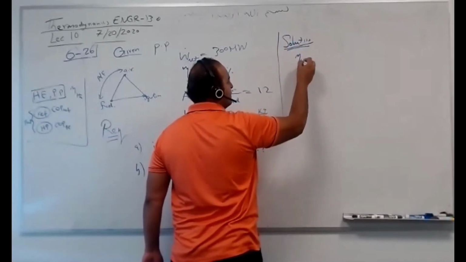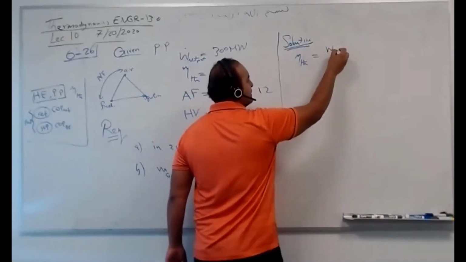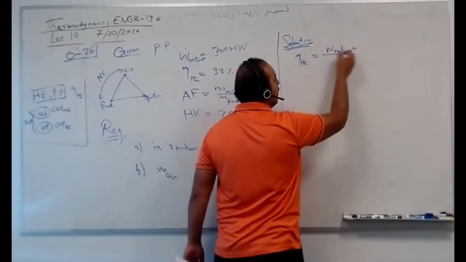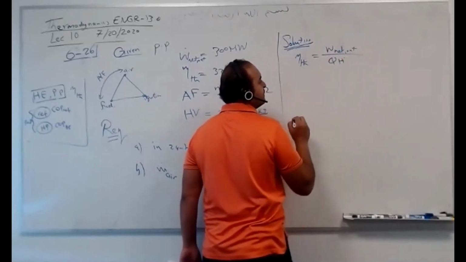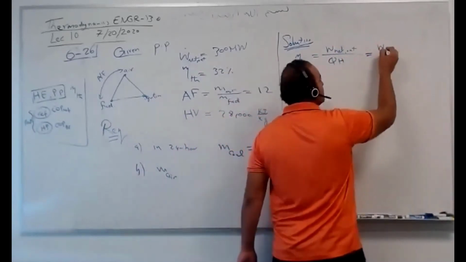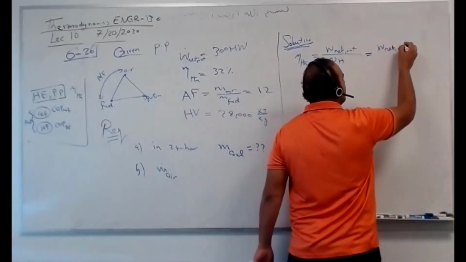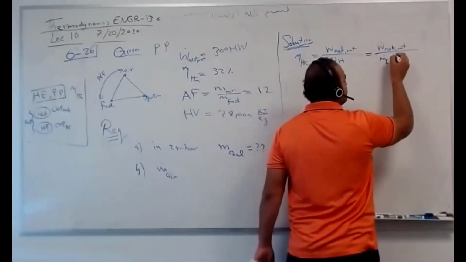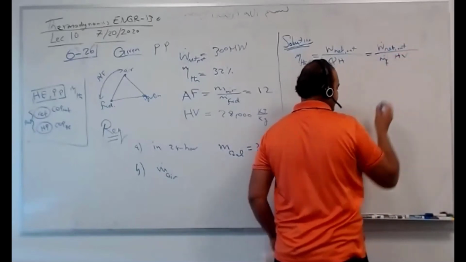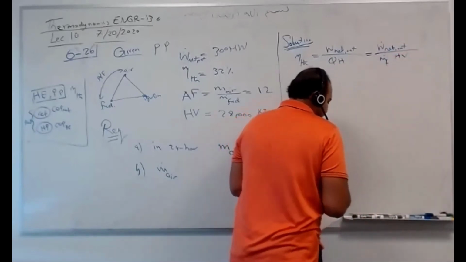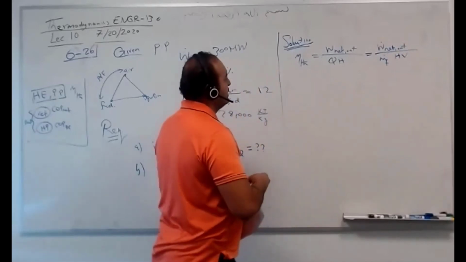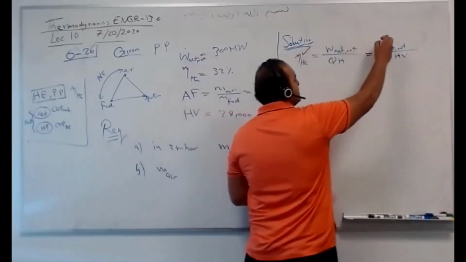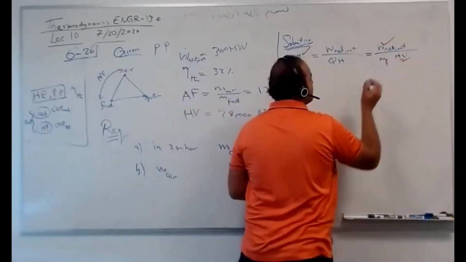Solution. Heat thermal equal output over input, which is, in this power plant, m dot fuel times heating value. As I always tell my students, look at the equation. You have this, you have this, you have this, you can get that. That's it.